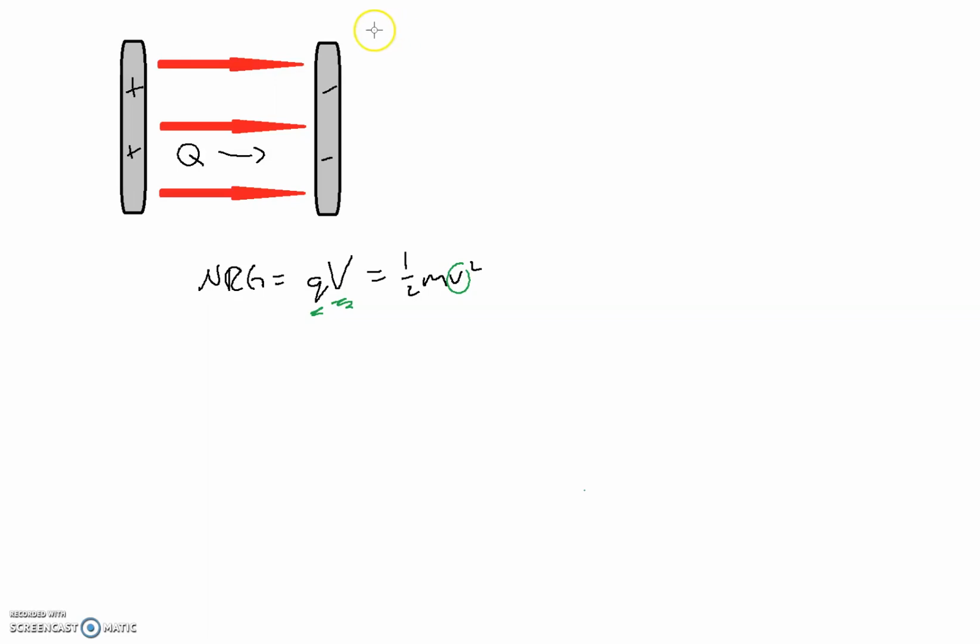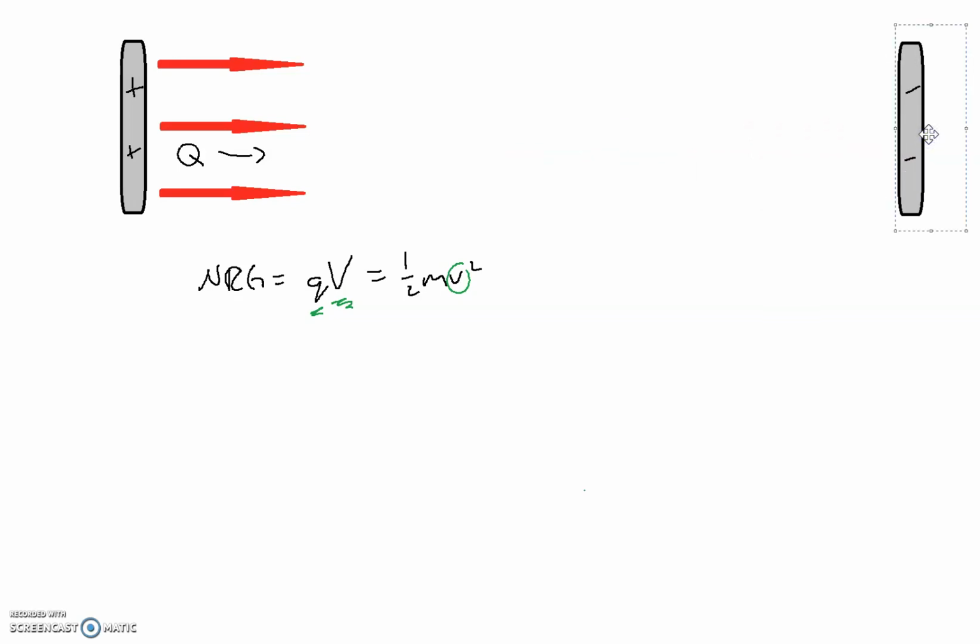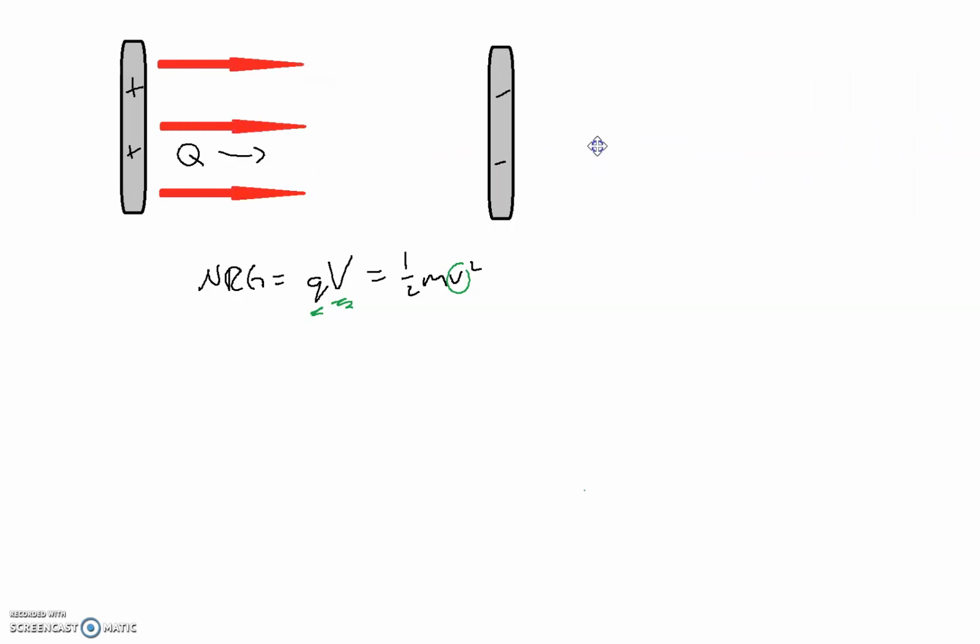So you could take the plates and move them apart, and you could take this plate and move it way over here, and it would still hit with the exact same speed because you haven't changed the charge and you haven't changed the V. It would hit with the exact same speed it would if the plate was really, really close. It makes no difference where you put the plate.